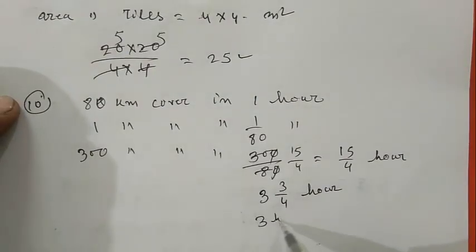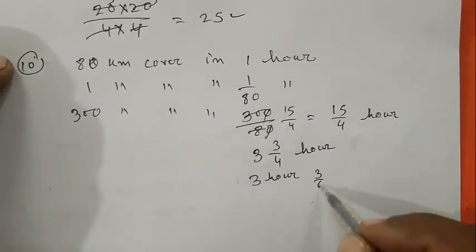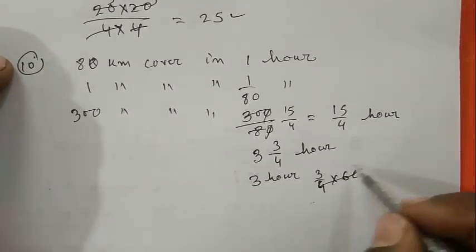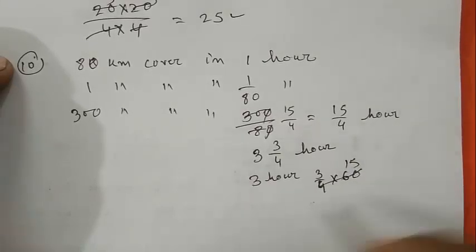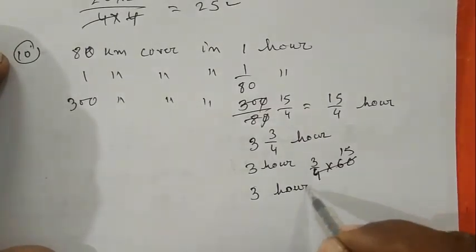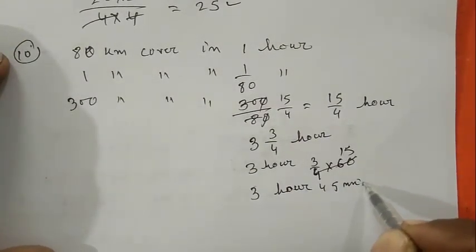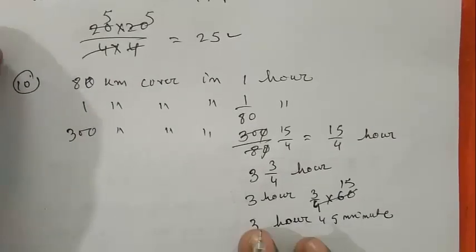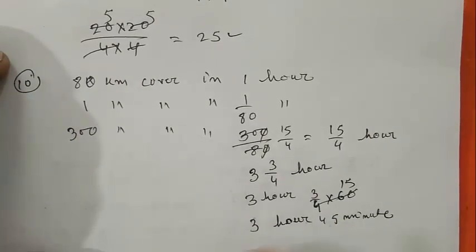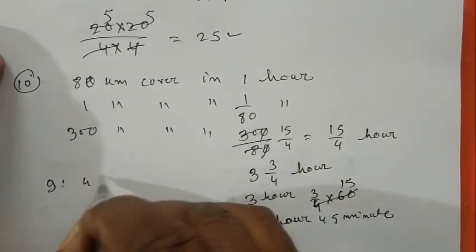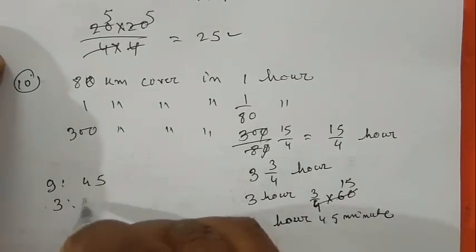When I calculate this, it becomes 3 and 3 by 4 hours, or 3 hours, 3 by 4 into 60, that is 3 hours 45 minutes. It takes 3 hours 45 minutes to reach its destination. So it starts at 9:45 and takes 3 hours 45 minutes.